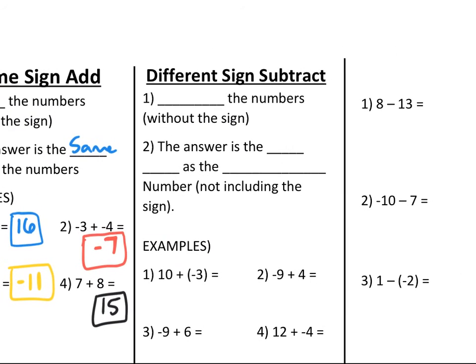Okay? Now, the one that is slightly harder is when your signs are different. That means you will have one positive and one negative. When they are different, you want to subtract the numbers.